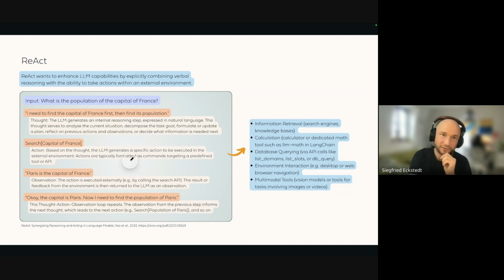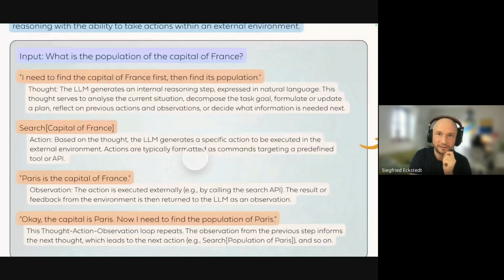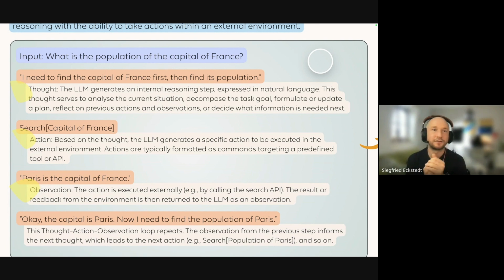I have a very simple example here, and this will explain how this process usually follows 3 steps. Let me introduce the example first. The input is basically: what is the population of the capital of France? If we would want to solve it, we would first need to figure out what's the capital of France.